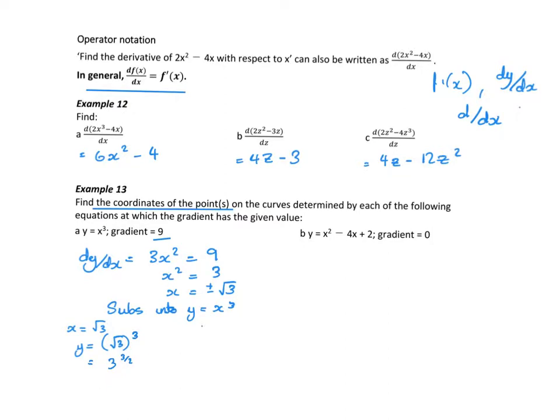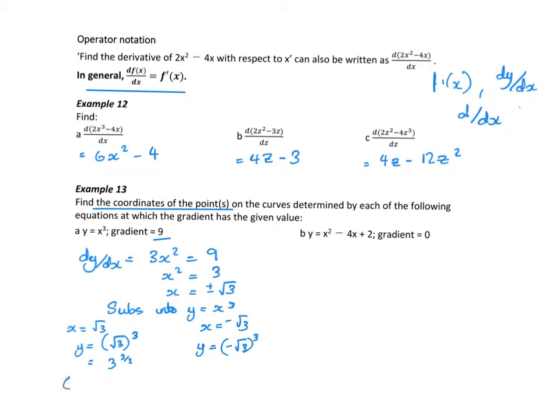And the other one, when x is equal to minus root 3, you get y is equal to minus root 3 all cubed. So again, they are our two solutions, but what are our coordinates?